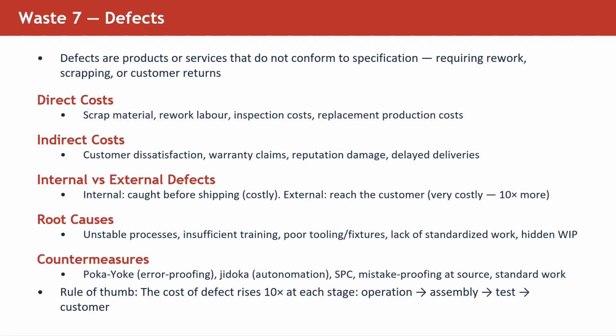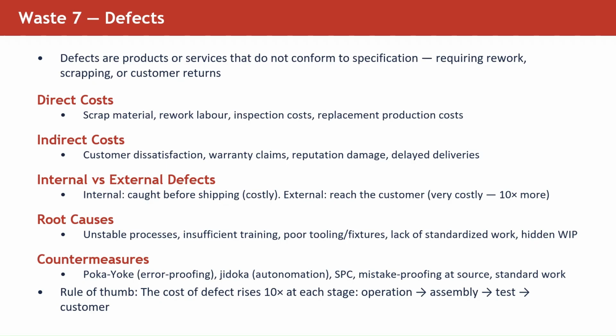Now, the countermeasure that you can take is Poka-yoke, that is error proofing. For example, we want to ensure the alignment of the product when it is being assembled. What we can do is design a system wherein on one side we put a tapered nut and on the other side a normal nut.